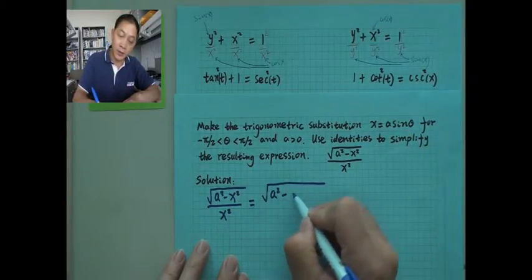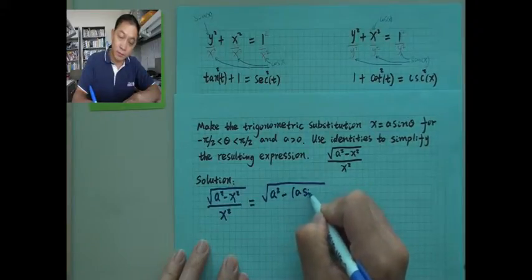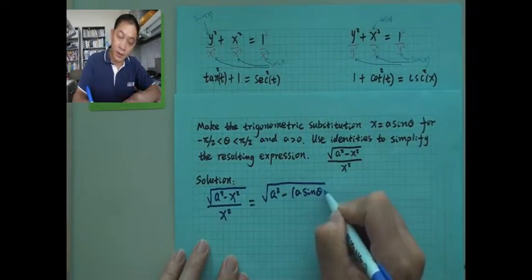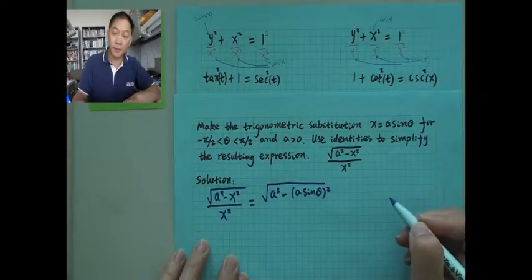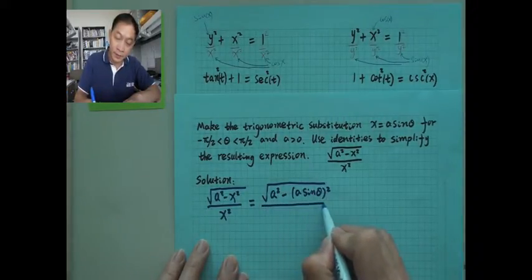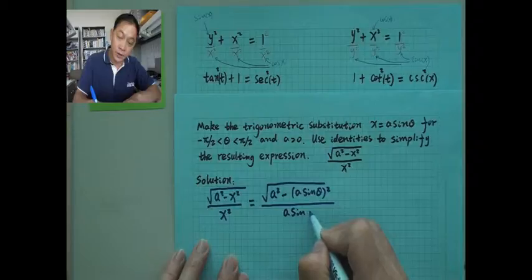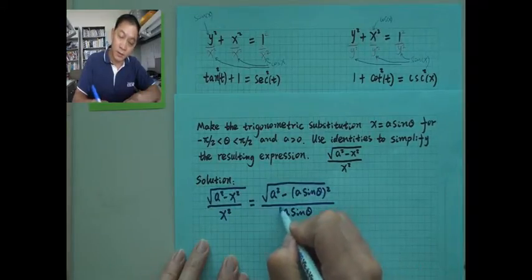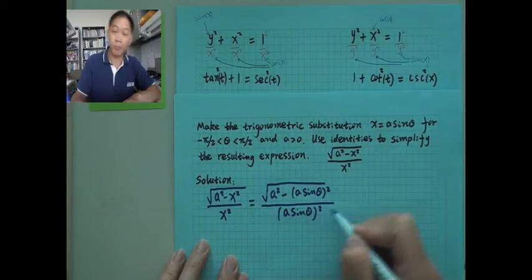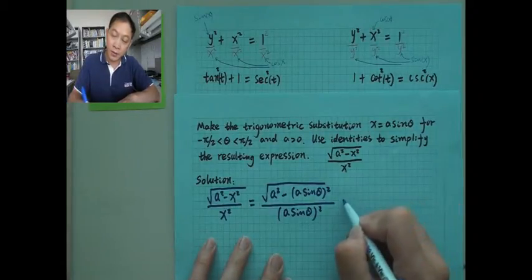So minus a sine theta, and then squared. And then divided by x, and you have a sine theta, then squared. Okay. Keep going.